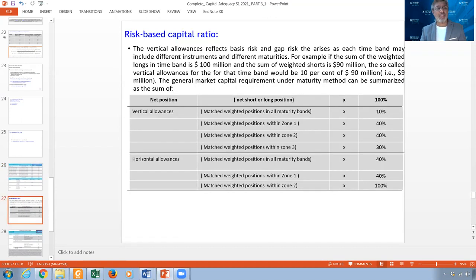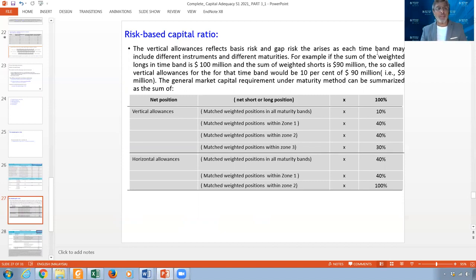So say the vertical disallowances reflect basis risk and gap risk between the shorts and the longs, right? What do we mean by basis risk? The increase in the liability side may not be increasing in the asset side. Maybe there are some differences. So the regulators want you to take that into consideration, and also the difference between the long and the short risk.